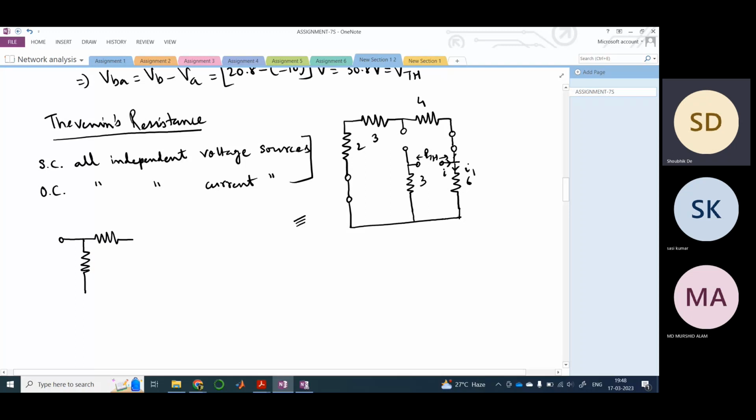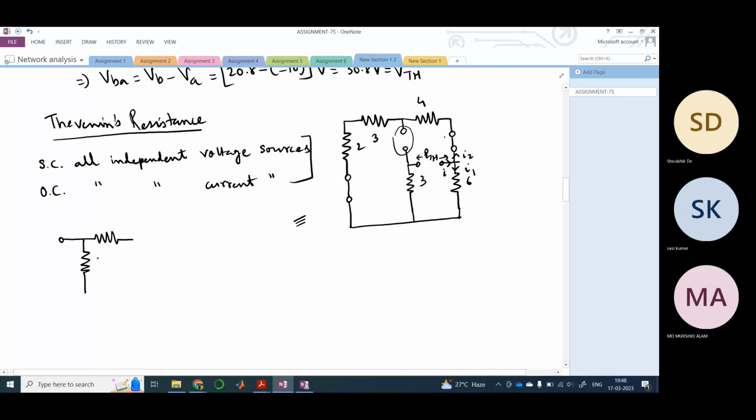So this is I1, this is I2, right? And this I2 flows all the way. This path is open, so there won't be any current flowing through it. So this I2 would be flowing through 4, 3, 2, and then returning through 3 back here.